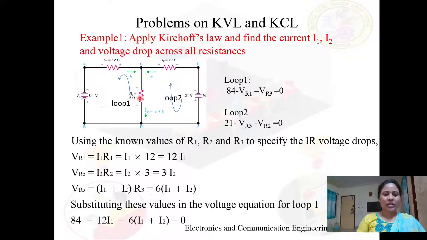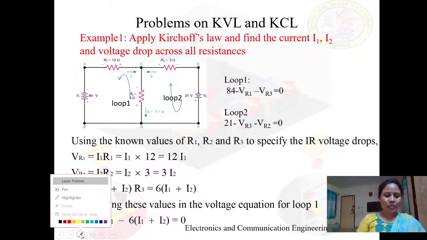Since there are two loops, there are two currents, I1 and I2. We can take the loop direction either clockwise or anti-clockwise as per our convenience. I have taken the anti-clockwise direction for the first loop and the clockwise direction for the second loop.